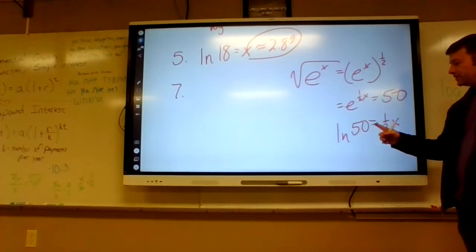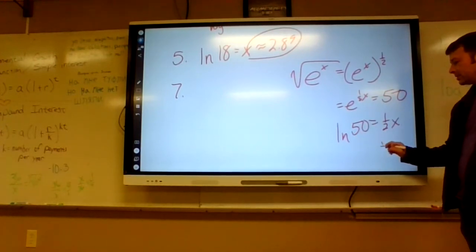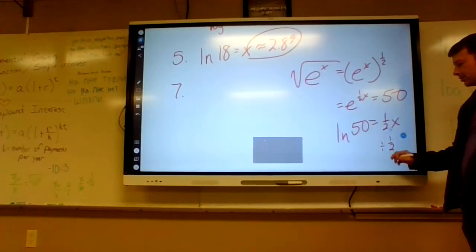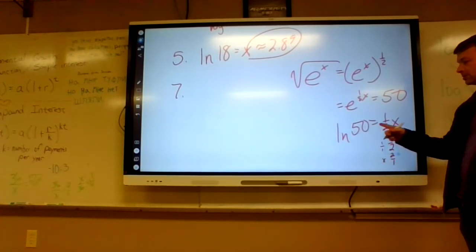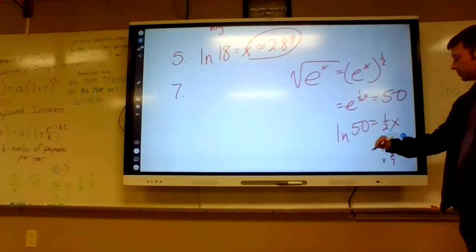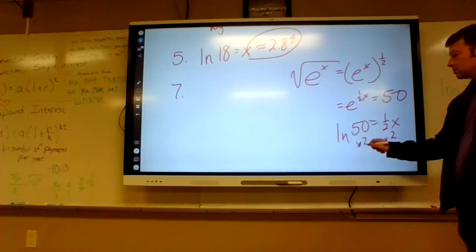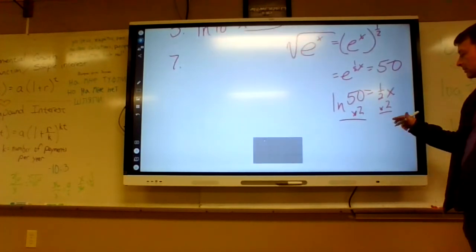To solve for x, we need to divide by 1/2, which is the same thing as multiplying by 2. So natural log of 50 times 2, I got 7.82. Anybody else get 7.82?